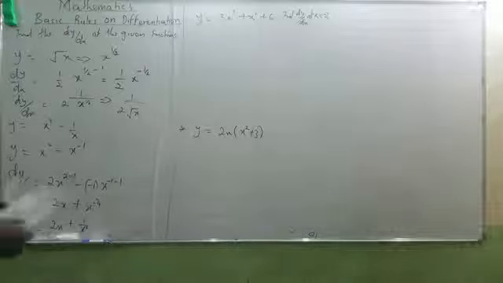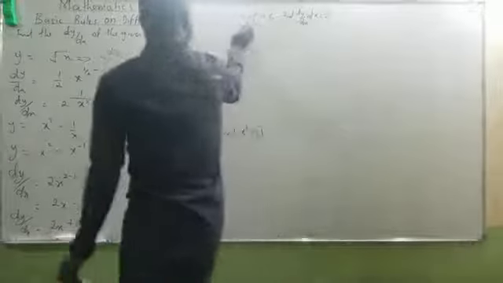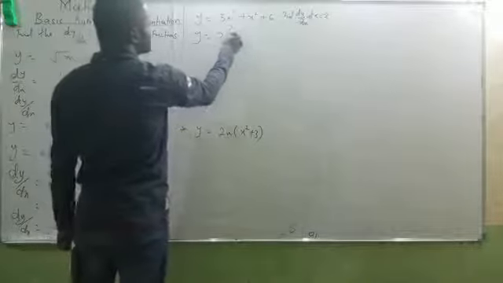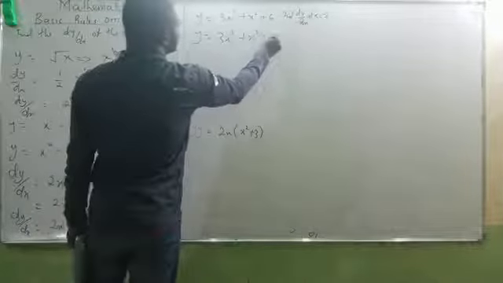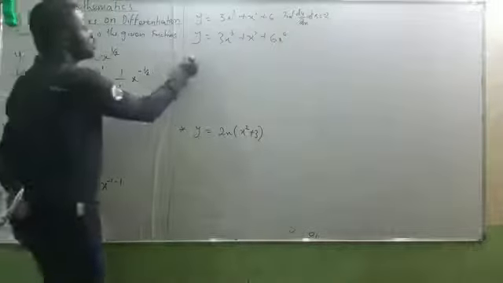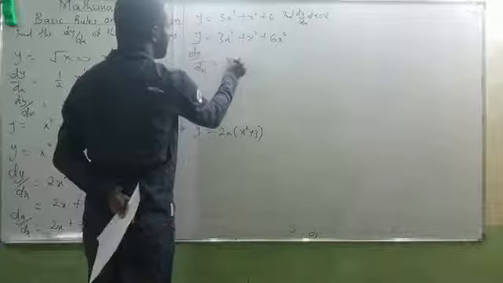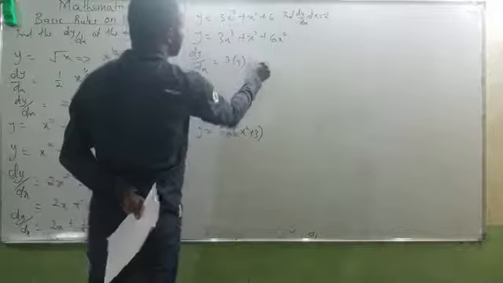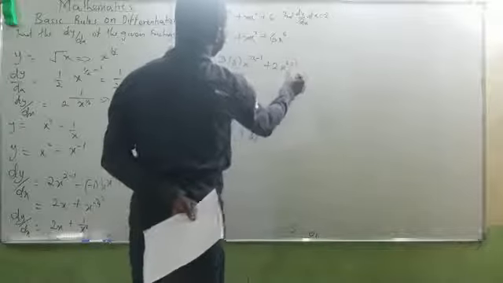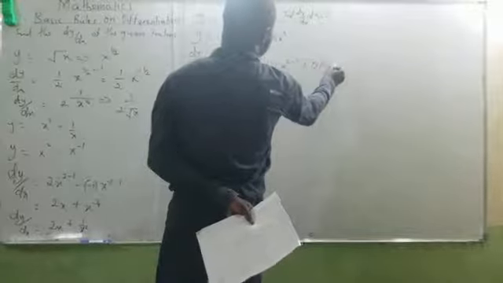Now, look at this also. It's a very simple one. I can write this as y equals 3x cubed plus x squared plus 6x raised to the power 0. Take note of that. Now, I can answer that dy/dx is equal to, bring down the power, 3x to the power 3 minus 1, plus bring down the power, x to the power 2 minus 1, plus bring down the power, bracket of 6 x to the power 0.